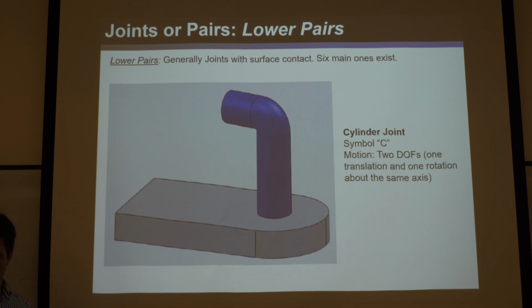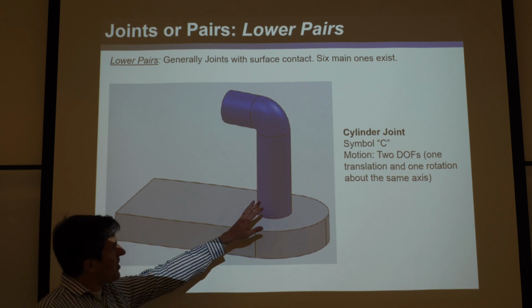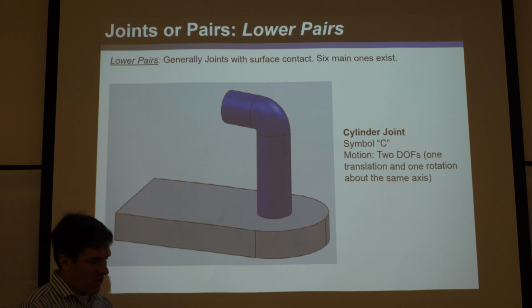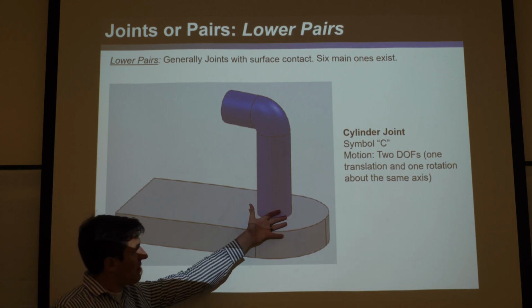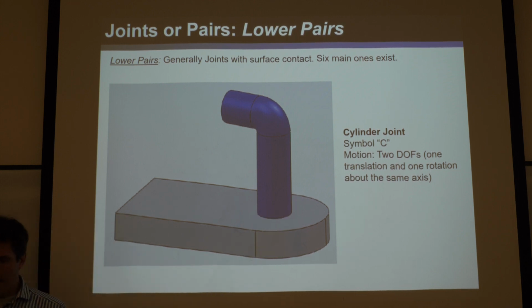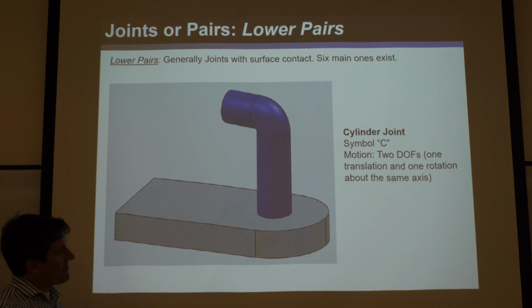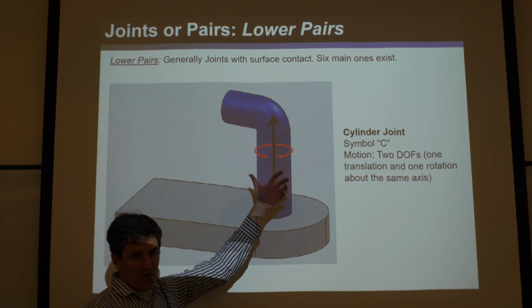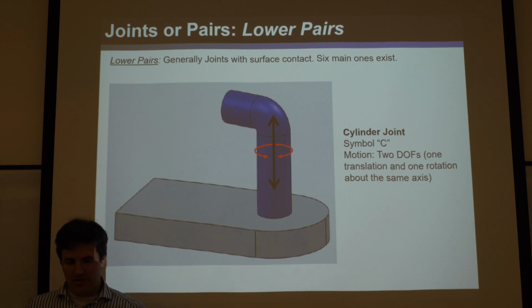Okay, so here we have a cylinder joint. This is another lower pair, of course, because we have surface area contact driving this. It's called the cylinder joint, so C. But the difference between this and the other 3 I showed you is that it achieves 2 degrees of freedom. You can imagine it could translate and rotate, and the reason they're 2 degrees of freedom is because they can do so independently.